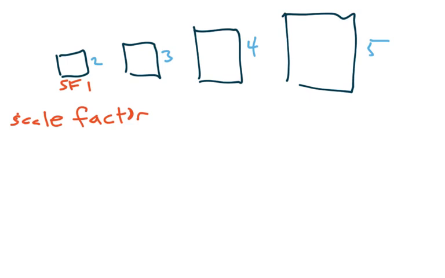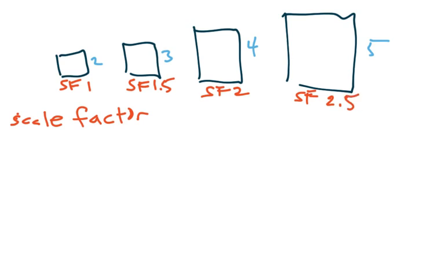Then we're going to dilate this square. With a scale factor of 1.5, that side length would now be 3. A scale factor of 2 would have a side length of 4. And this last one would be a scale factor of 2.5, and that would give us 5.